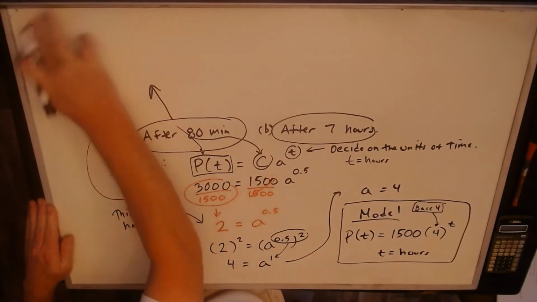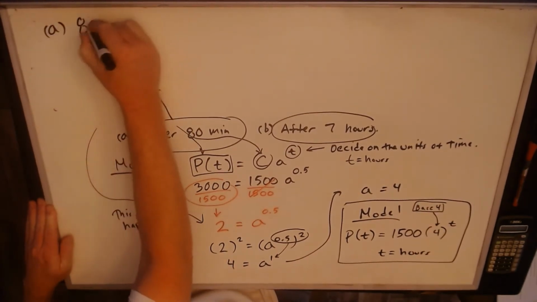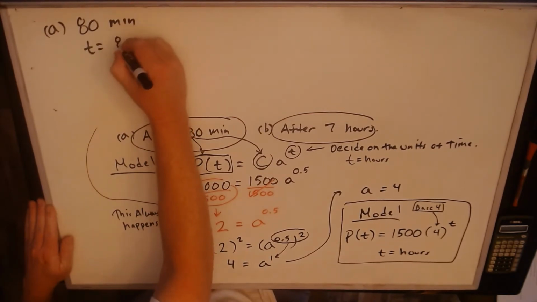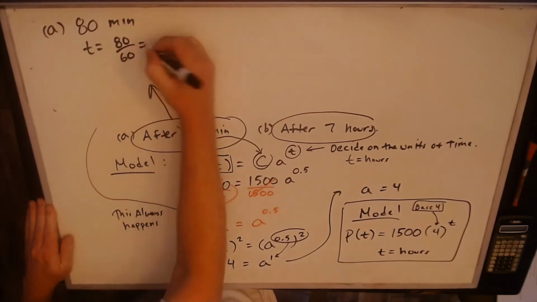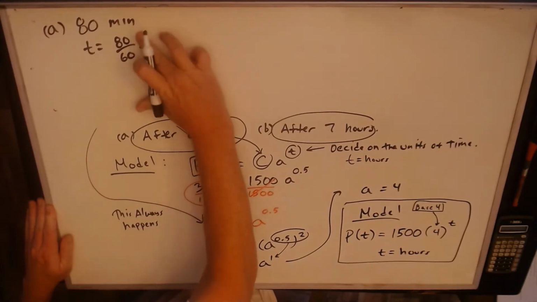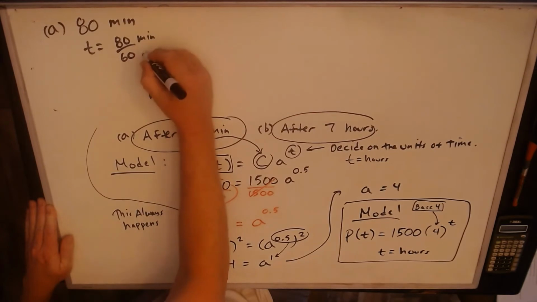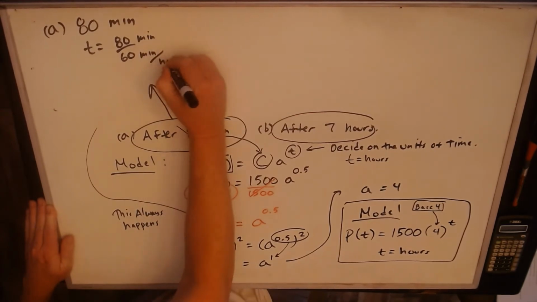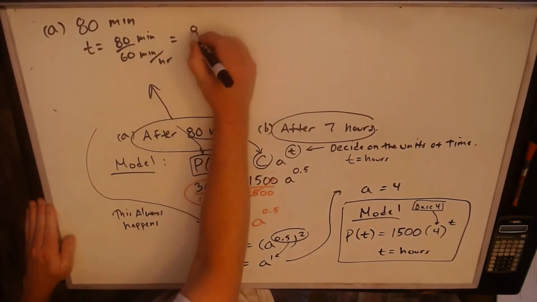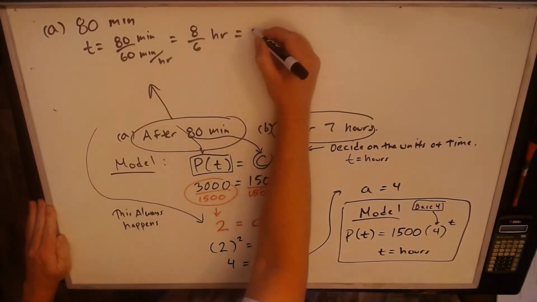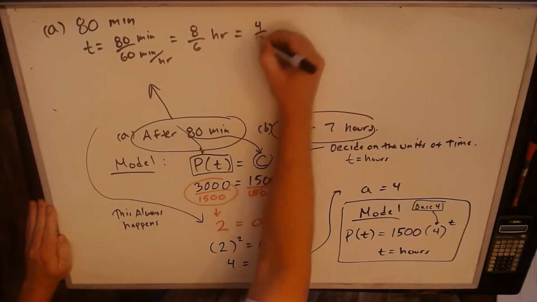So after 80 minutes, part A, t would be 80 divided by 60, because there are 60 minutes per hour, which would be 8/6 hours, which would be 4/3 hours.